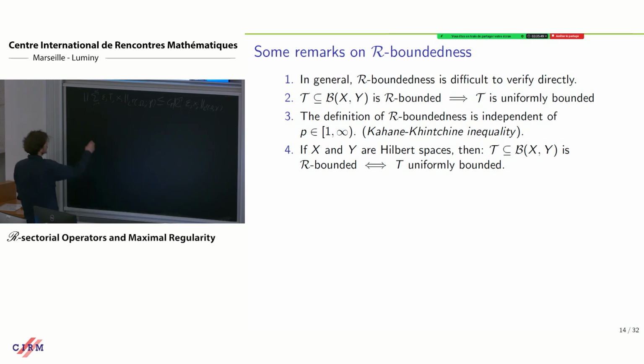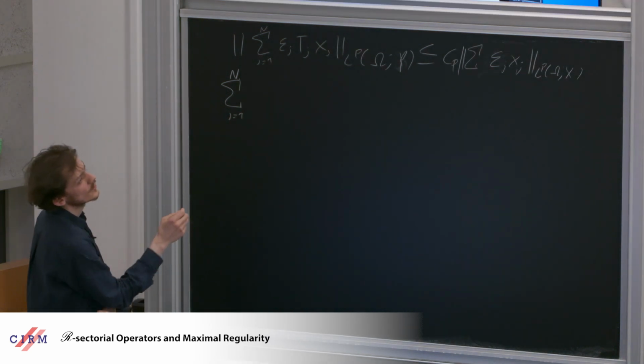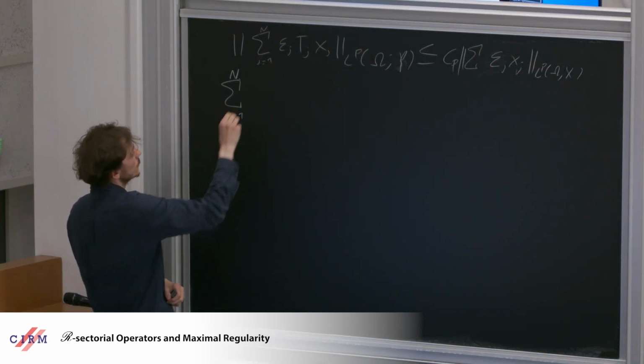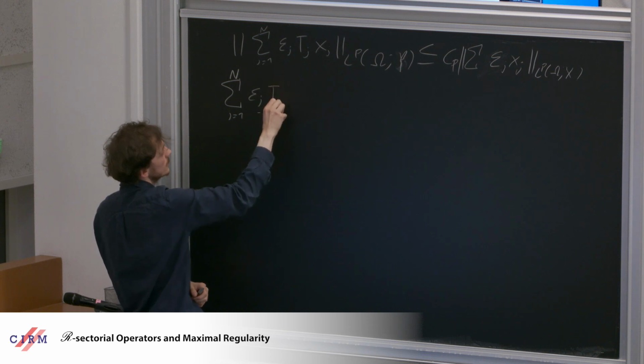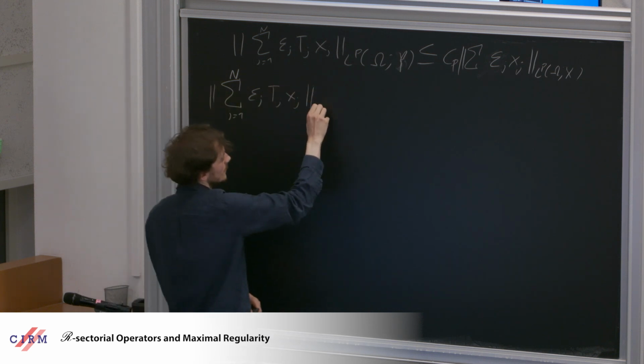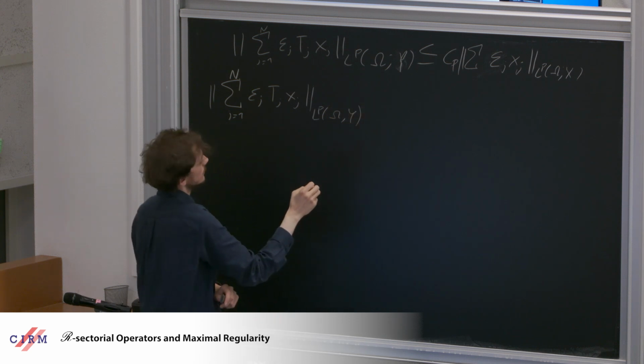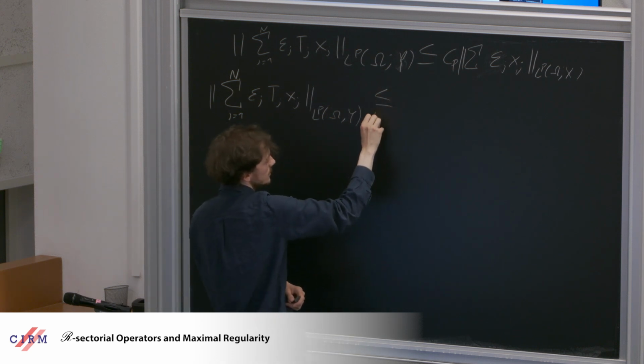And maybe I can prove this if we have some time. So I'll prove that R-bounded implies uniformly bounded. Yeah, so then you apply Khinchin.